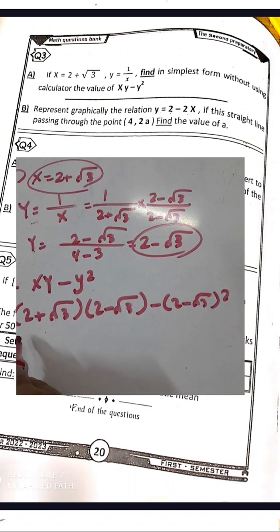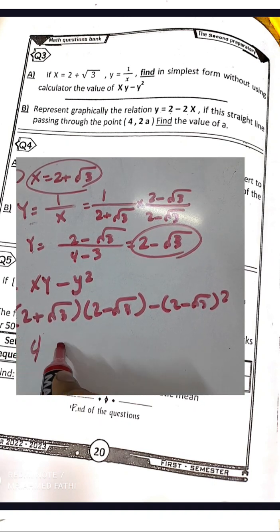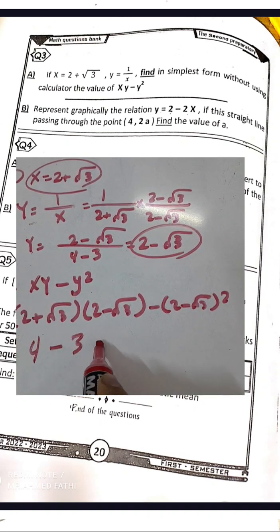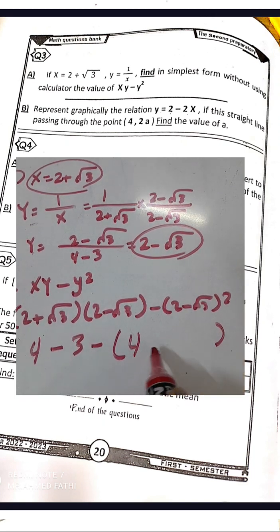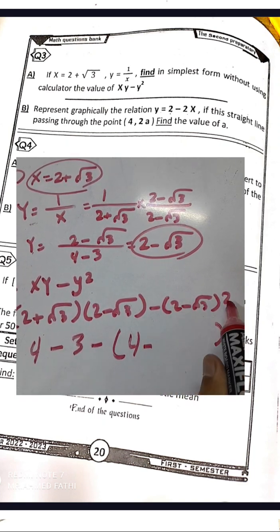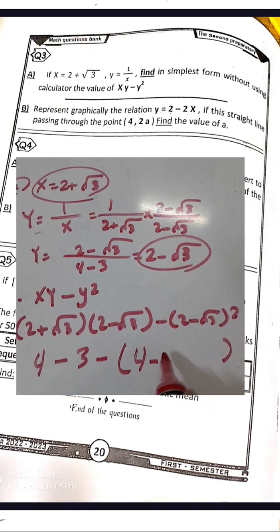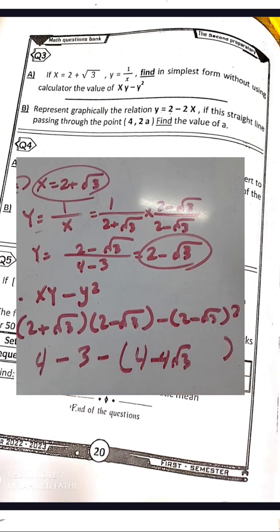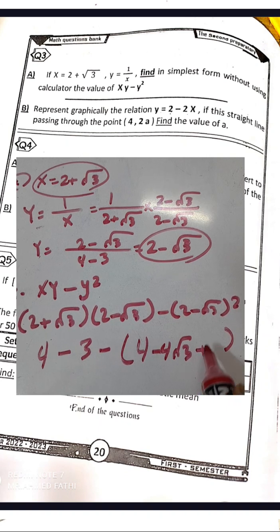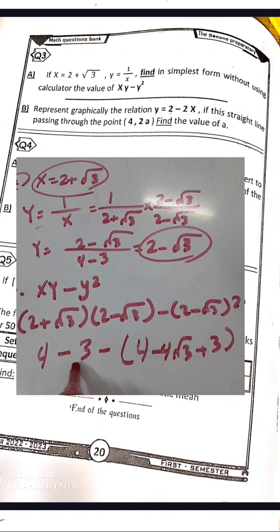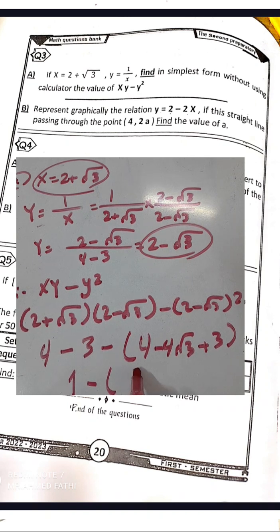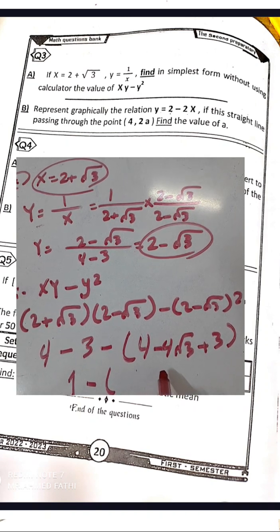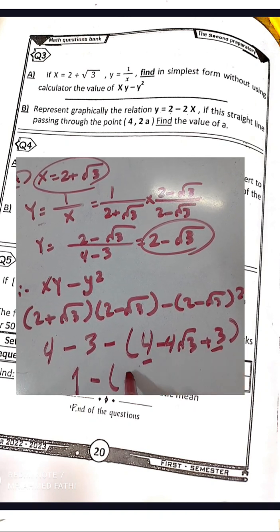The product of two conjugates: first by first, subtract second by second, gives 4 minus 3 equals 1. Then y squared is 4 minus 4 root 3 plus 3, which equals 7 minus 4 root 3.